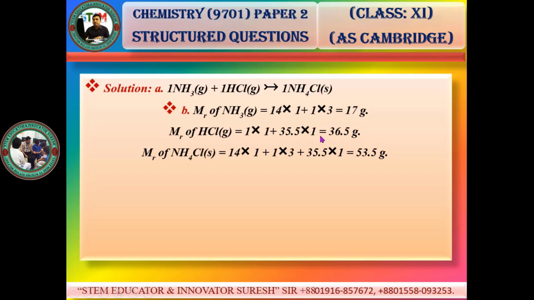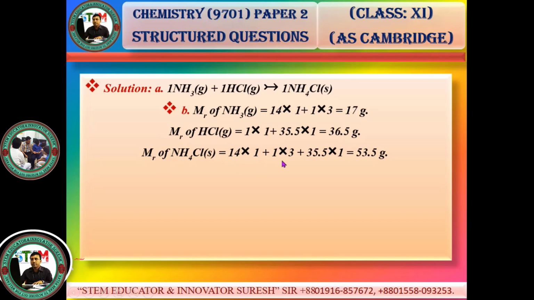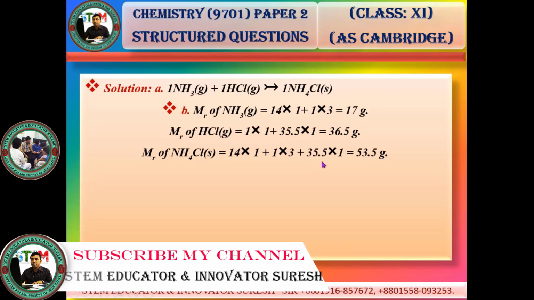Calculating this, we are getting 36.5 gram. MR of ammonium chloride equals 14 multiplied by 1 plus 1 multiplied by 3 plus 35.5 multiplied by 1, and this equals 53.5 gram.